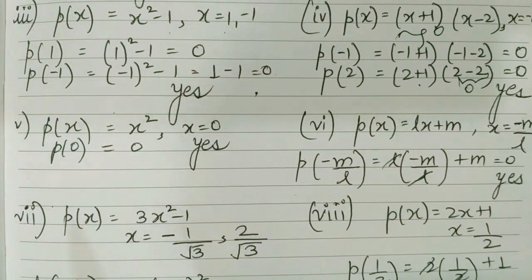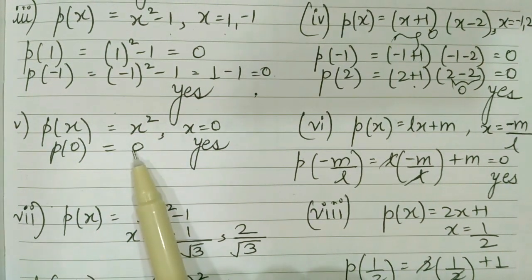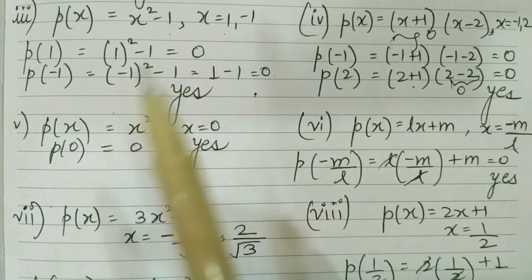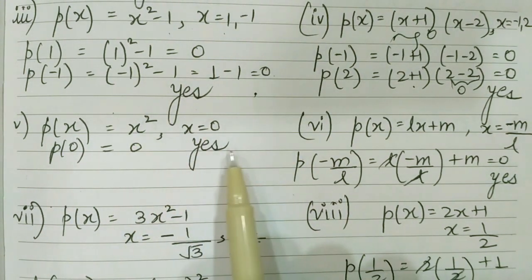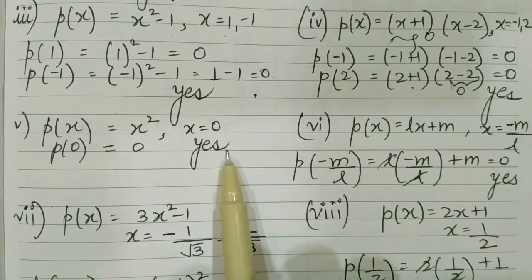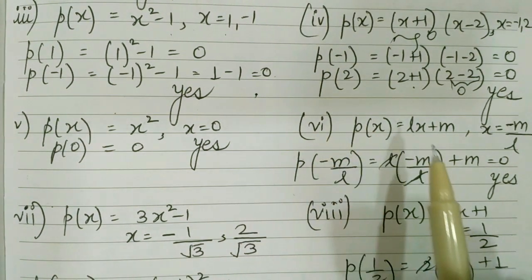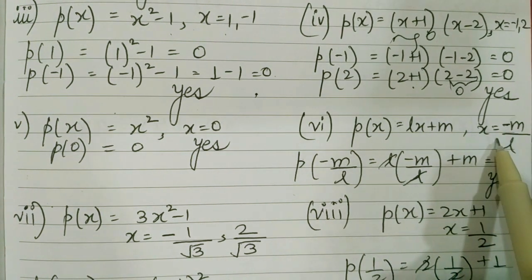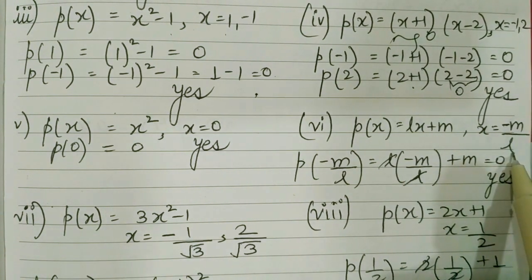Next case is p(x) equals x square, and I have to check at x equals 0. The square of 0 will be 0, so yes, 0 is a zero of this polynomial. Next is p(x) equals lx plus m, and I have to check at x equals minus m by l.